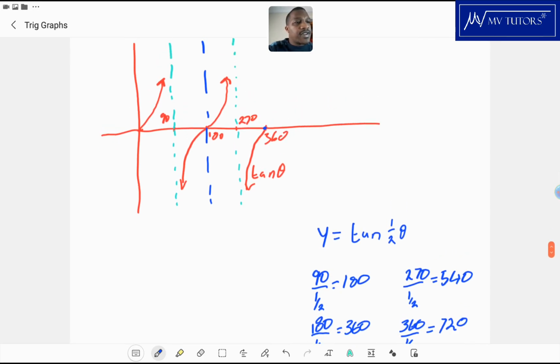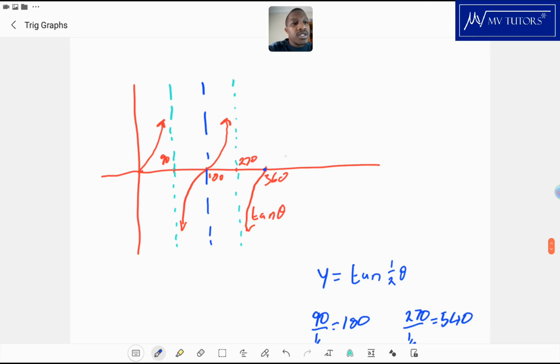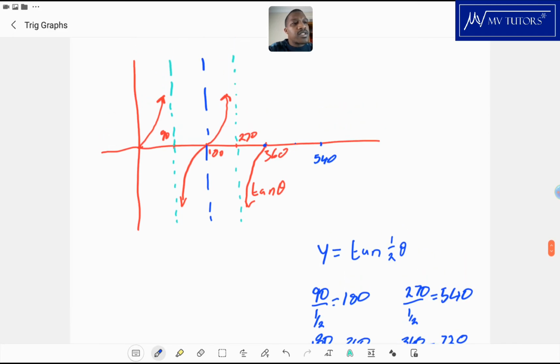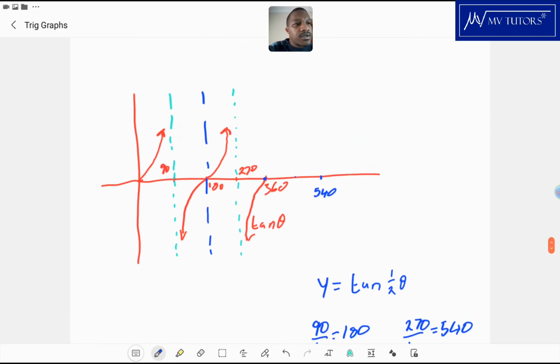Then 270 becomes 540, so I add 540 right over there. And 360 becomes 720, so I add 720 right over there.